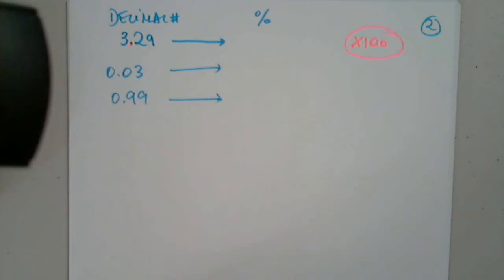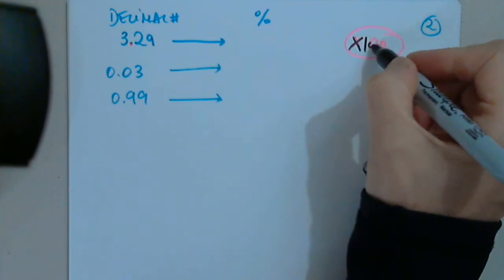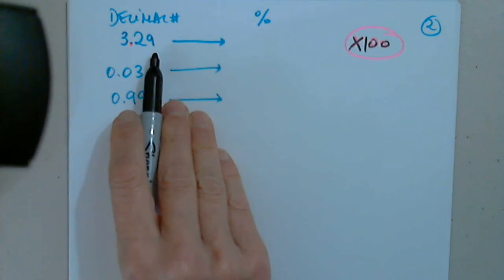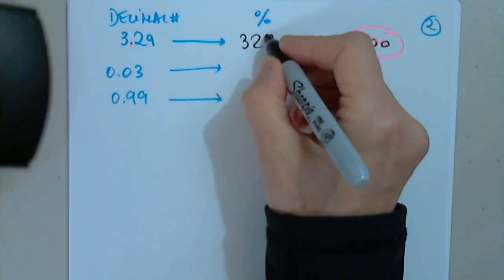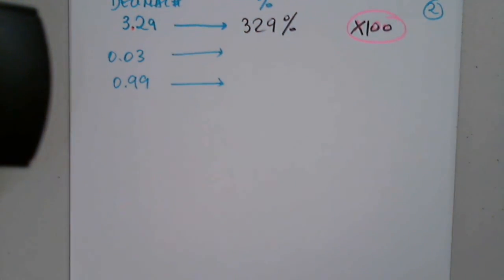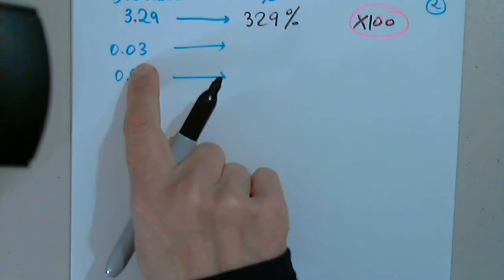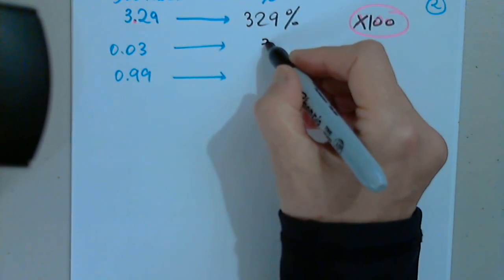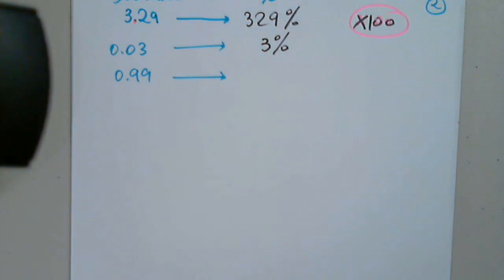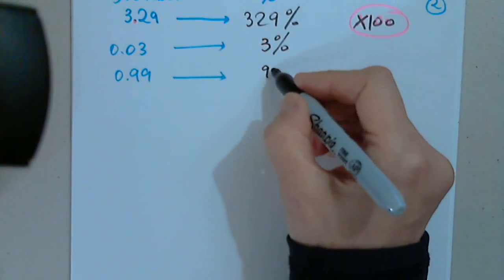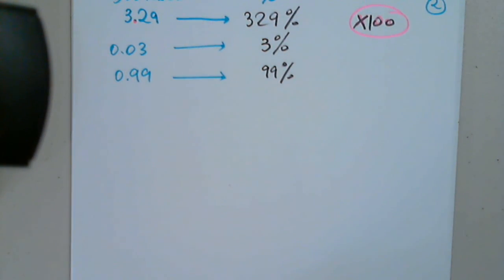Okay, so we multiply by 100. So when I multiply by 100, I get 329%. What about here? 3%. And what about here? 99%. Yes.